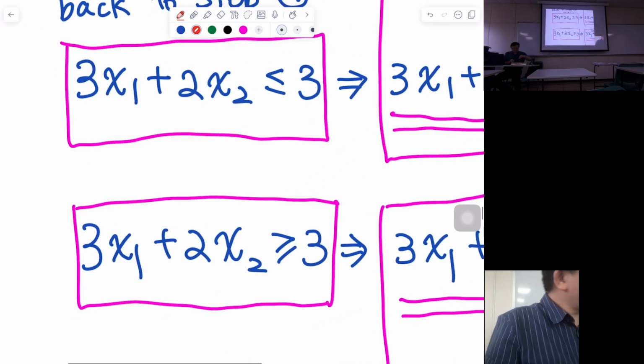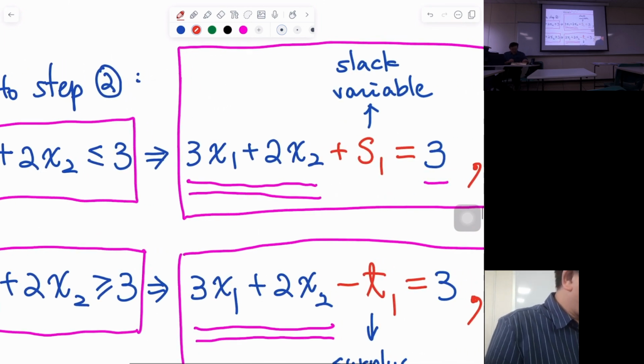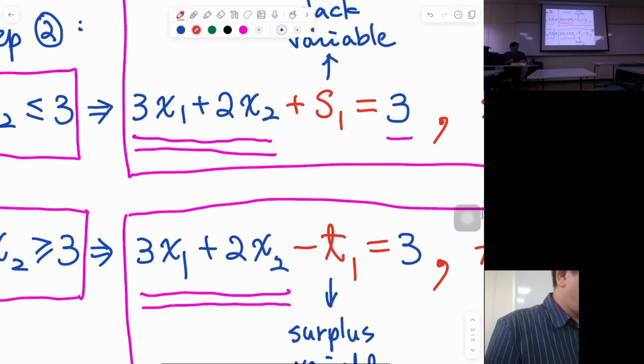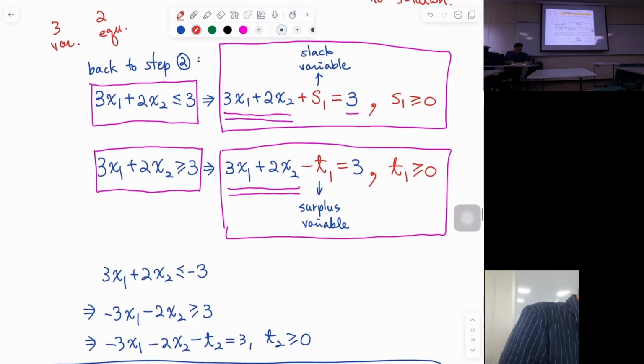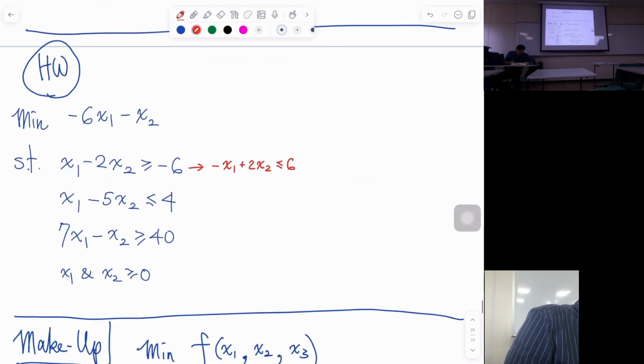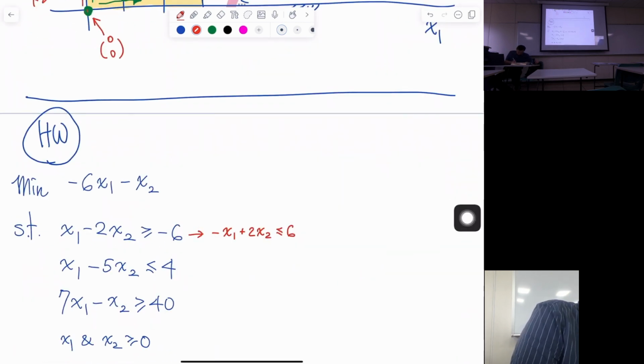And then if we have smaller sign, we will add a slack variable. If we have larger sign, we will minus a surplus. So that's the idea. So where was I? Here I will have -1 and 2.